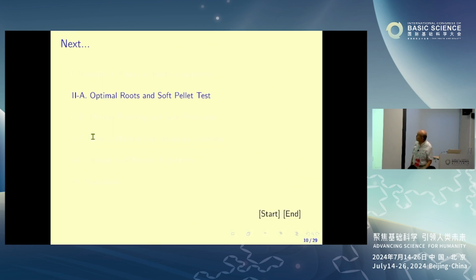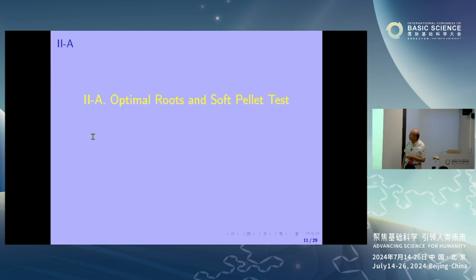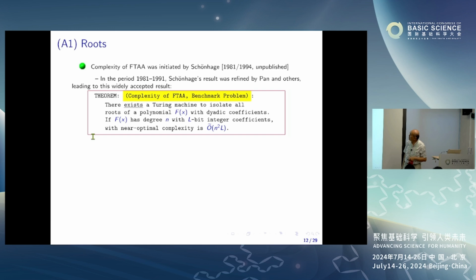So here's the first of the problems, optimal roots. And in each case, I have two parts. A is the first problem, that's A1, A2. I'm sorry, the structure of my talk got a little bit complex.